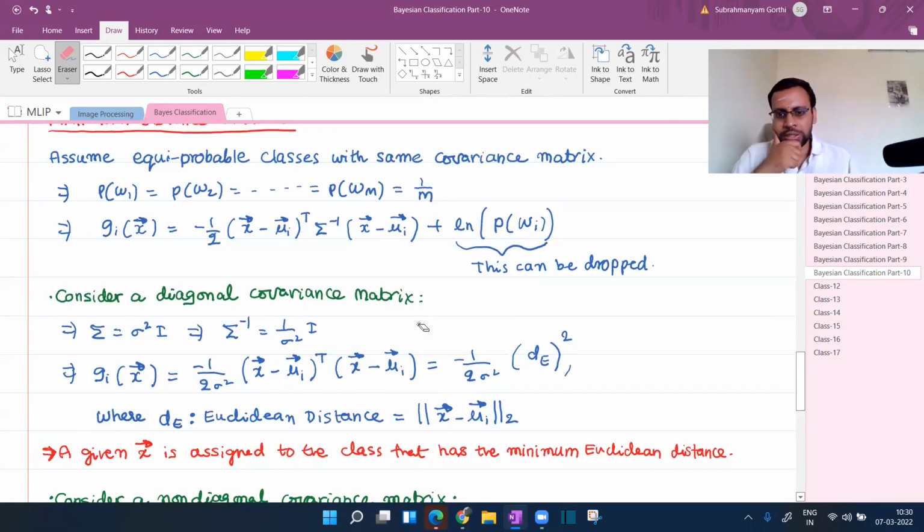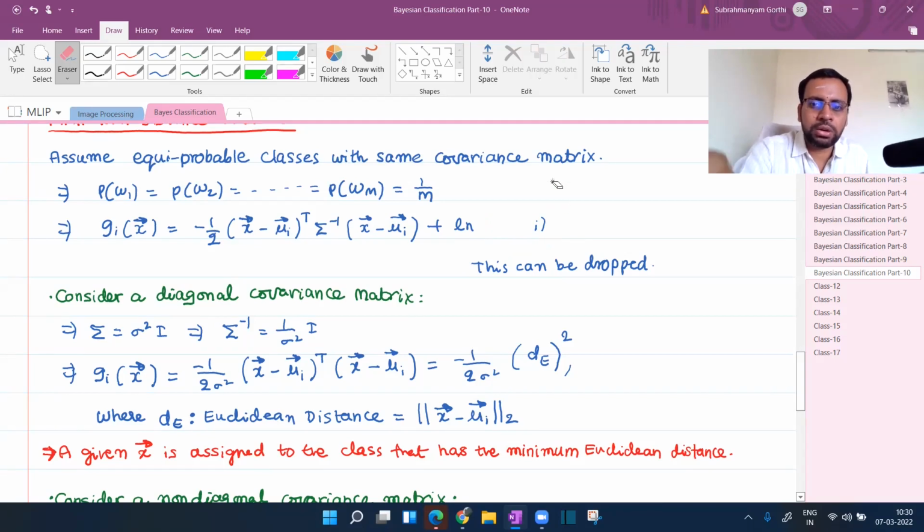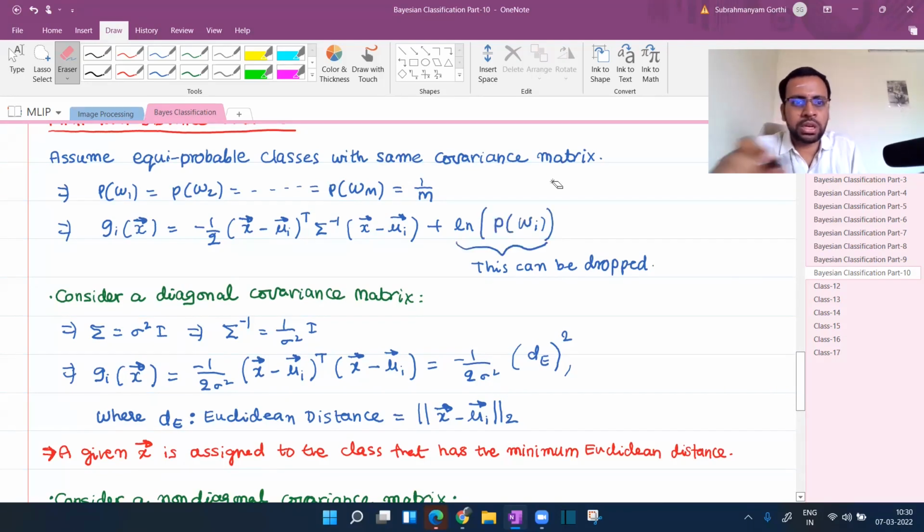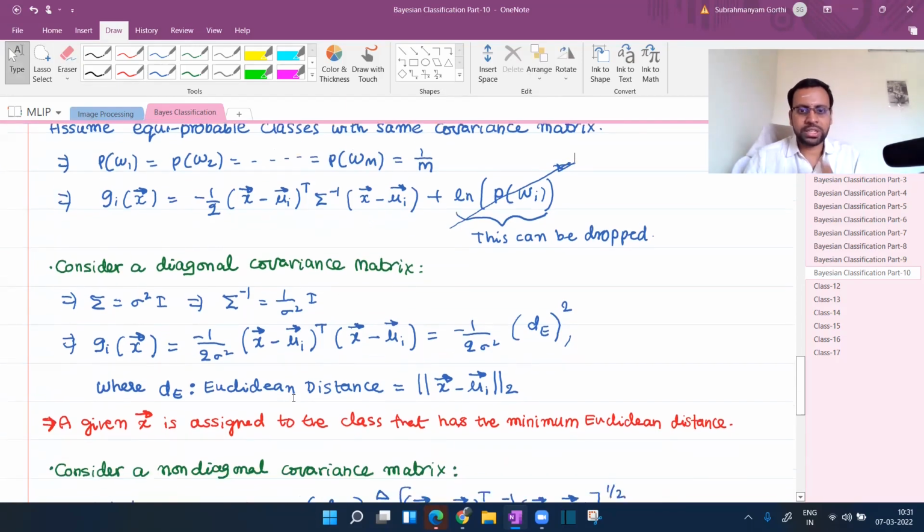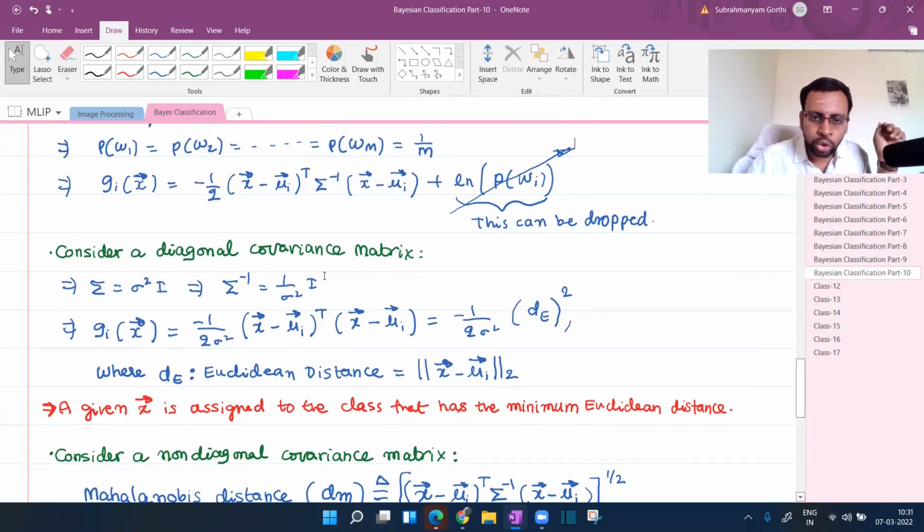First thing, so this is the term. Now, I further assume here that all classes are equally probable. So I could redefine my GI of x bar such that this term can also be dropped here. Now consider a diagonal covariance matrix. That means sigma square into the identity matrix I you could write.